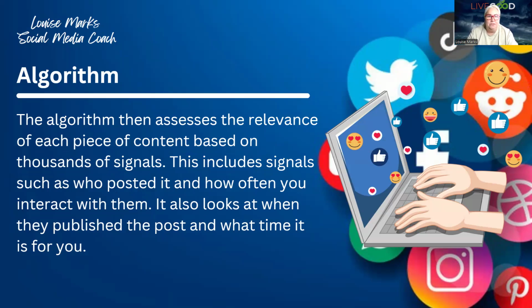But it might include things like if somebody does a post and it's somebody that I'm in regular contact with, that will show up on my news feed. It will also see how often I interact with people.